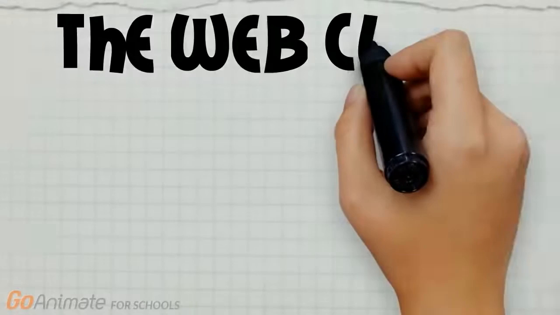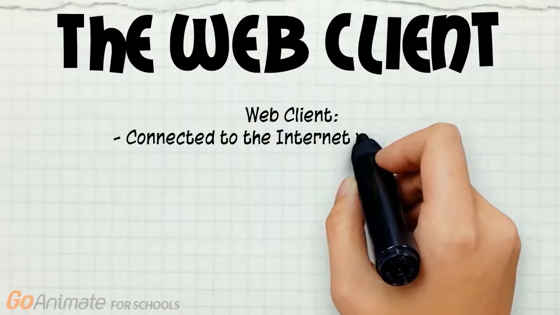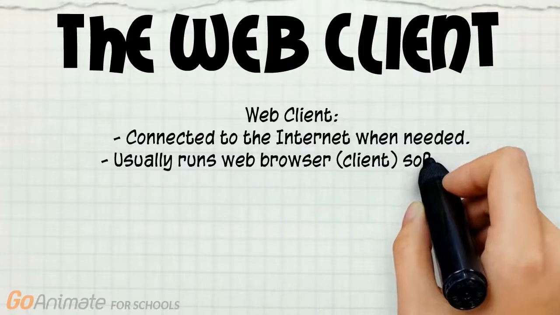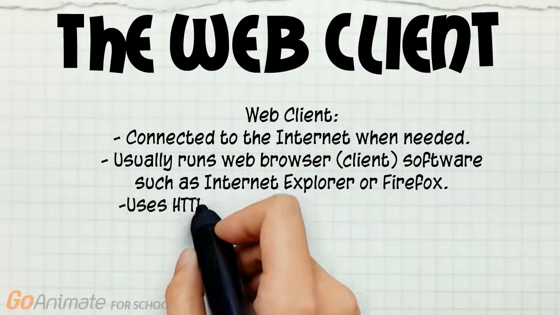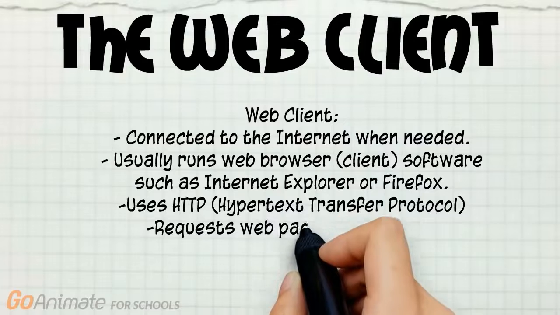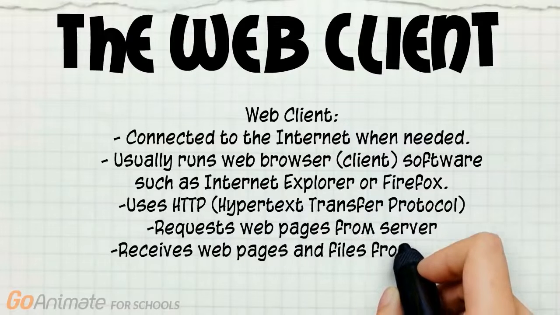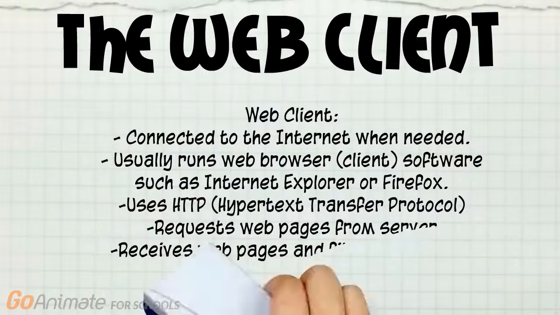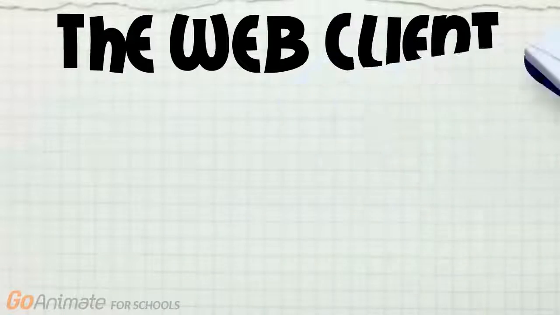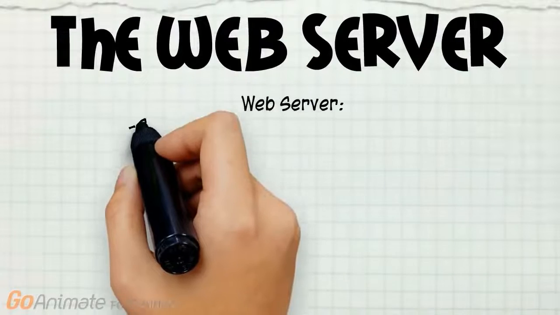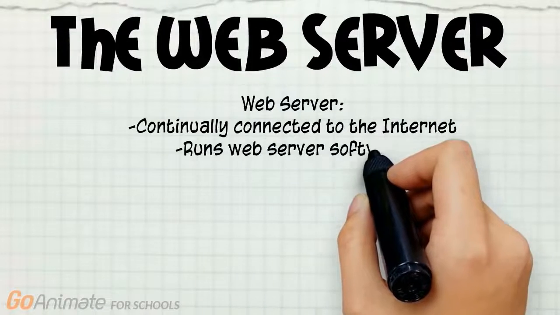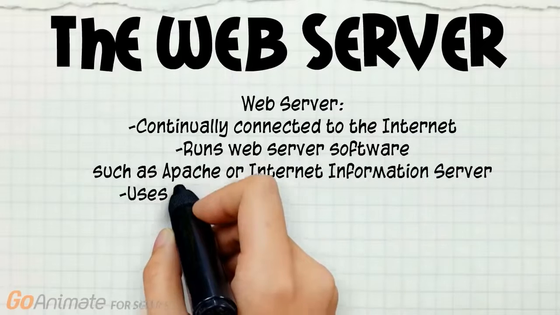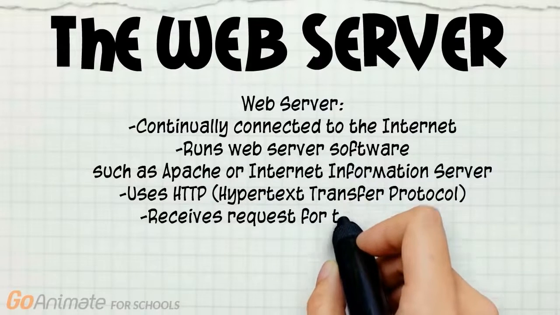Web client is connected to the Internet. Usually runs web browser client software, such as Internet Explorer or Firefox. Uses HTTP, Hypertext Transfer Protocol. Web server, continually connected to the Internet. Runs web server software, such as Apache or Internet Information Server.